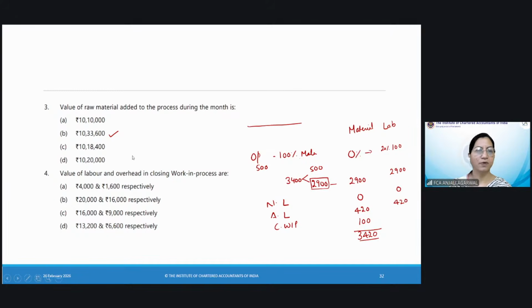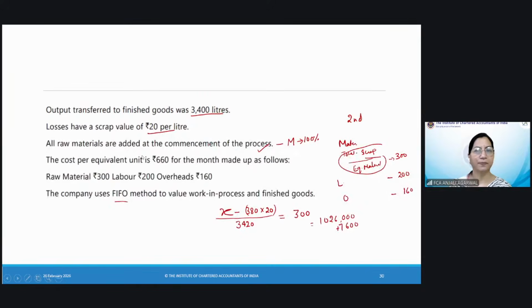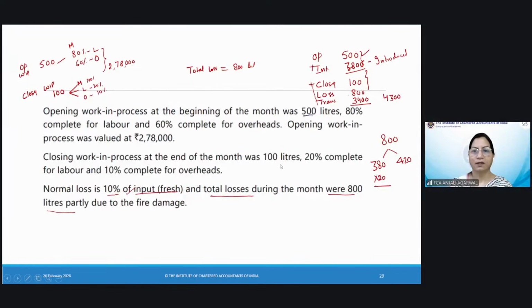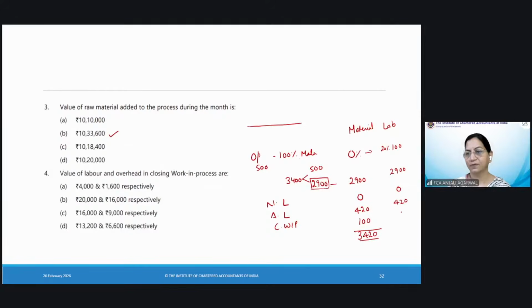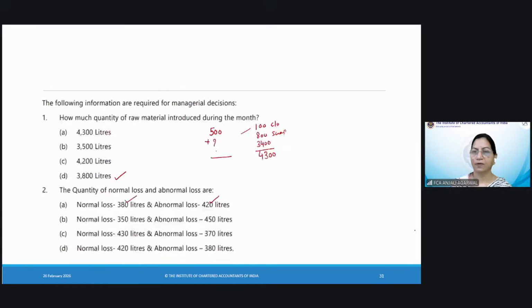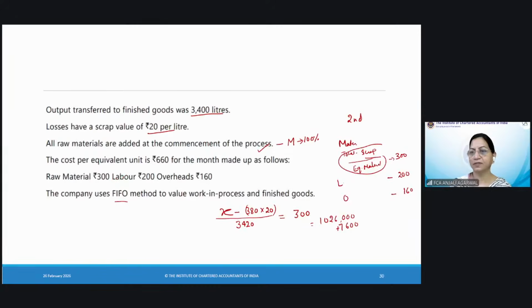And closing WIP is 100 liters, 20% complete as far as labor. So it's only 20. 100 into 20%, 20. 2,900 plus 420, 3,320, 3,340.